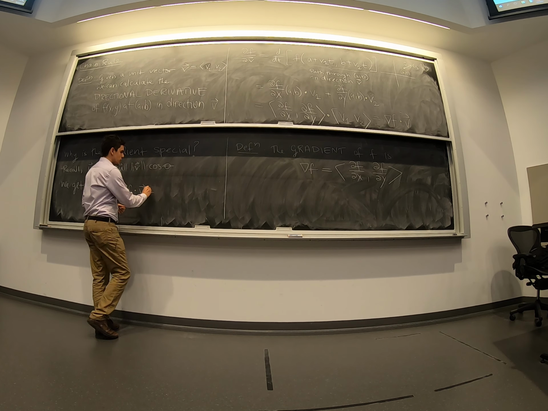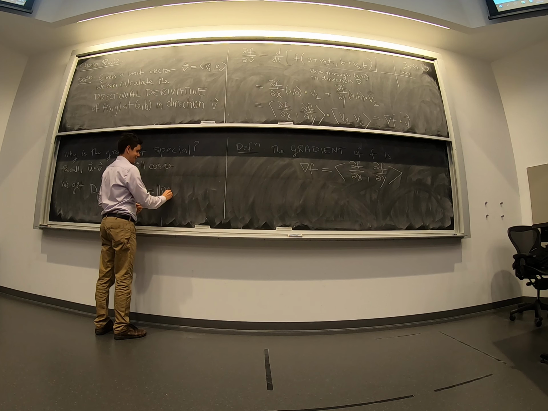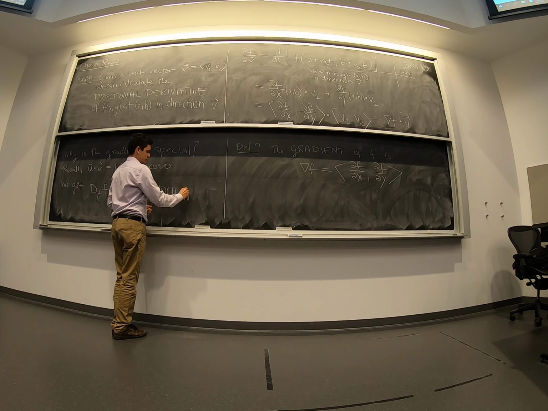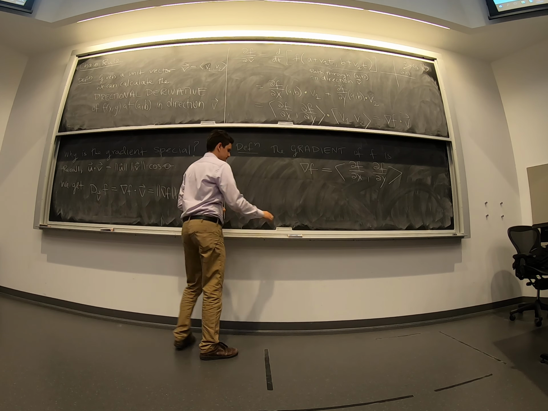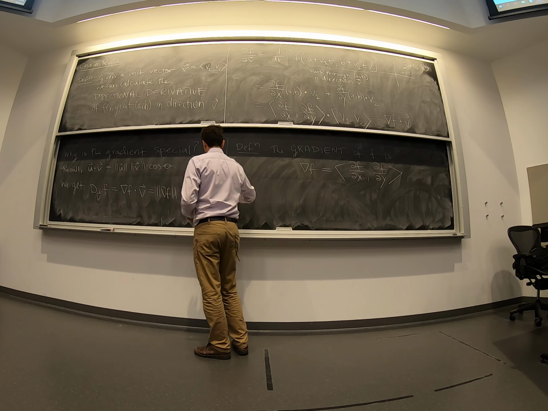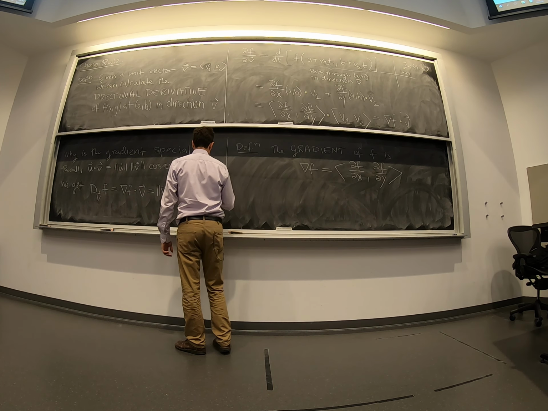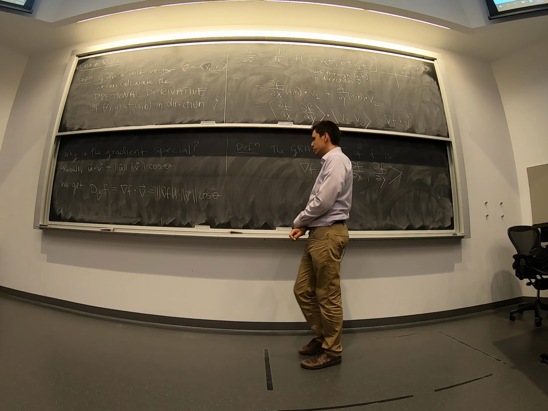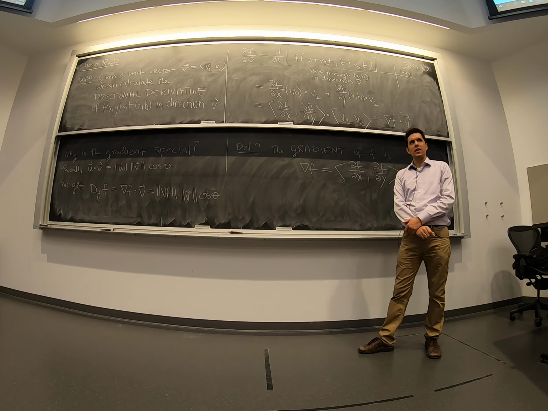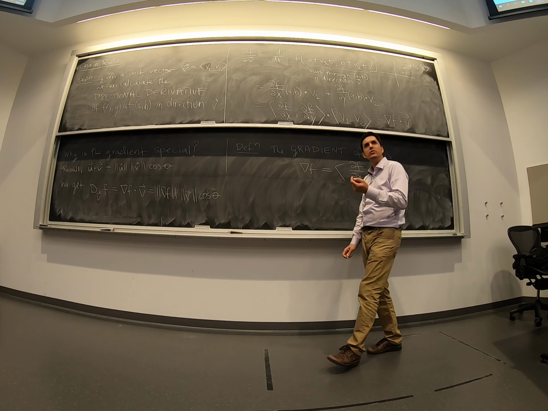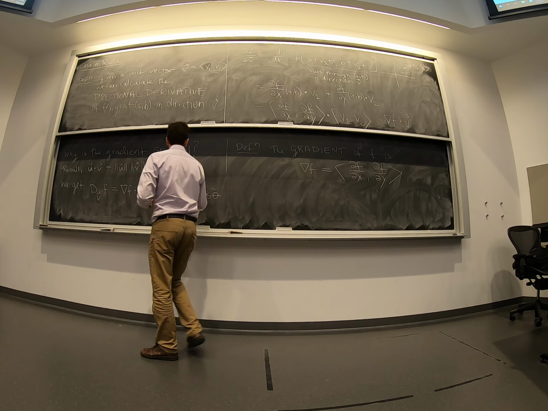Dot products can be broken up as follows. But we know that v is a unit vector. It's of length 1.